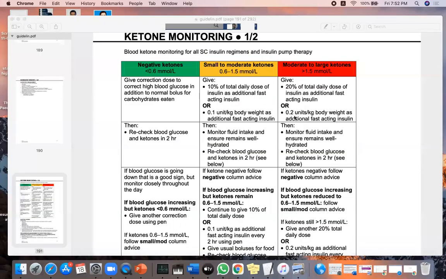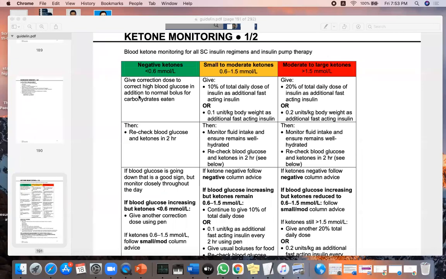But our target is below 14. Okay. So when a diabetic child is sick, our target of blood glucose is from 4 to 10, not more than 11. But if it is more than 14, that means the patient is going to DKA. Okay, and you have to monitor ketones.